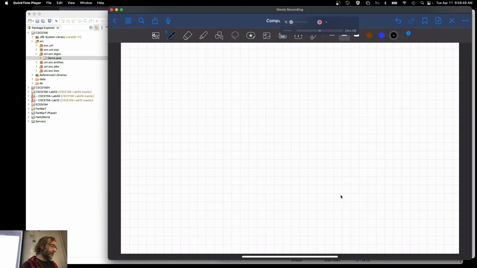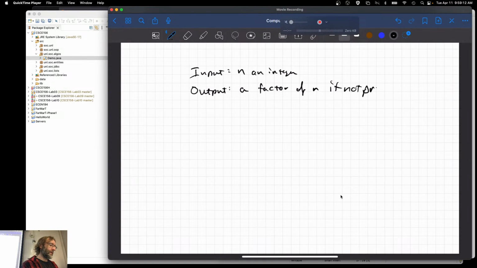But it is, input is a number x, right, which is an integer. Right? In fact, let me go ahead and just call it n here to make it confusing. My output is going to be a factor of n if not prime. Not prime being composite. All right?